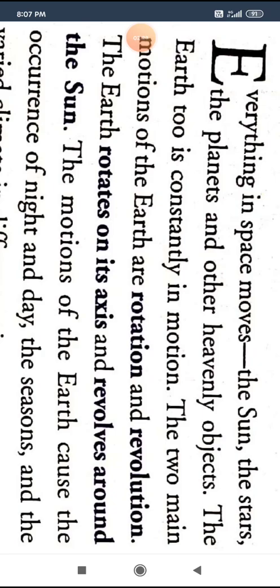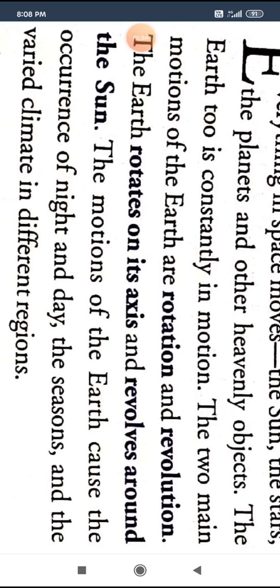Okay, clear? What is rotation? When the Earth rotates or moves on its axis. Already you know the axis of the Earth is tilted. Tilted means a little bent. So the Earth rotating on its axis is called rotation, and the Earth moving around the sun is called revolution.